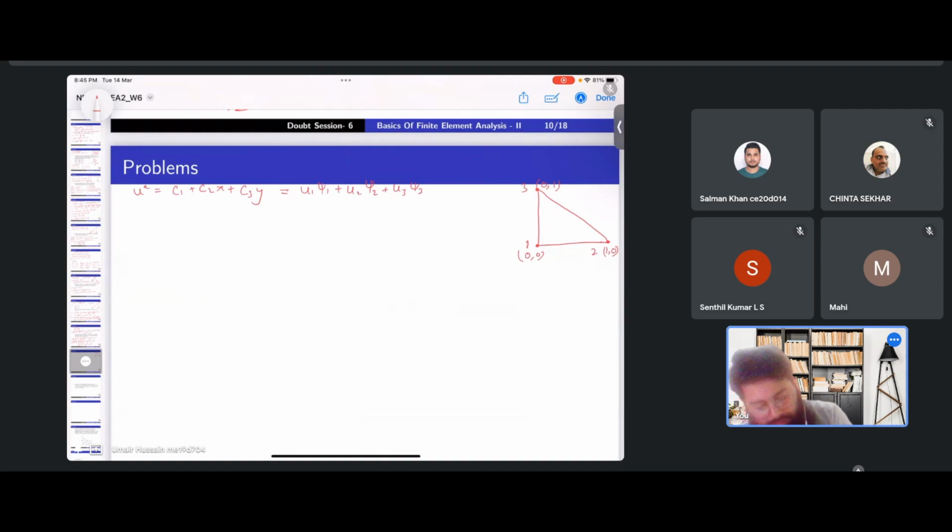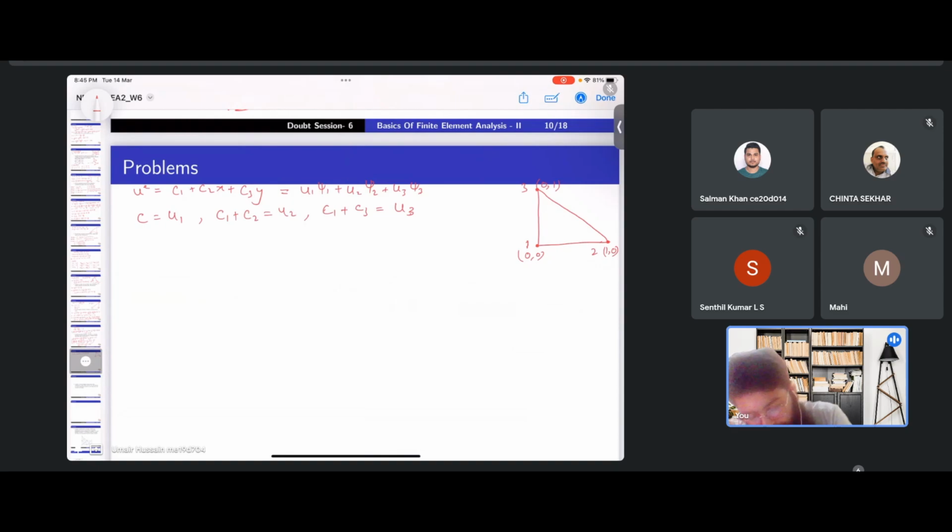So for node 1 we get c1 equals u1. For node 2 we get c1 plus c2 equals u2, and for node 3 we get c1 plus c3 equals u3.